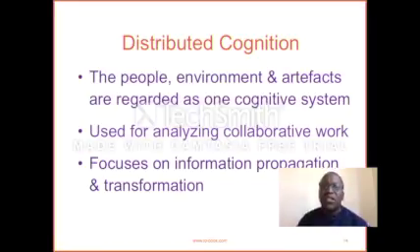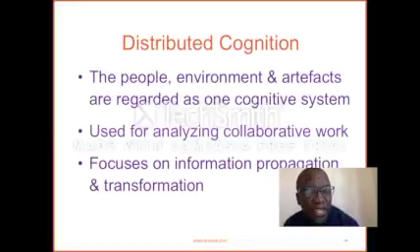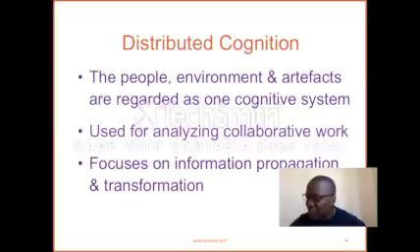Right, so the next theory is that of distributed cognition, which essentially is a branch of cognitive science that proposes that cognition and knowledge are not confined to an individual. Rather, it is distributed across objects, across individuals, across artifacts, and tools within an environment.